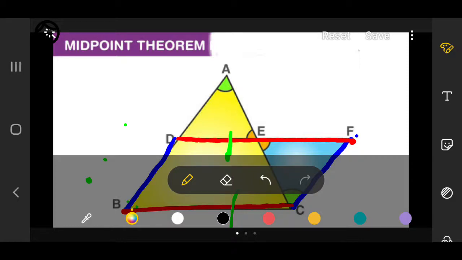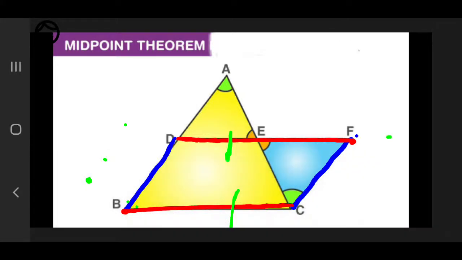How can we prove DFCB is a parallelogram? We know that DB is parallel to FC. We have a theorem in a quadrilateral: if one pair of opposite sides are parallel and equal, then it is a parallelogram.